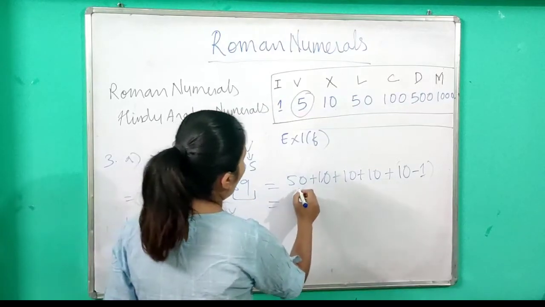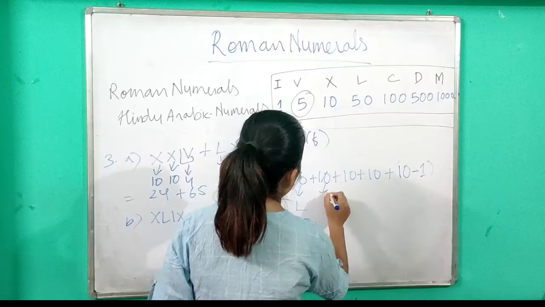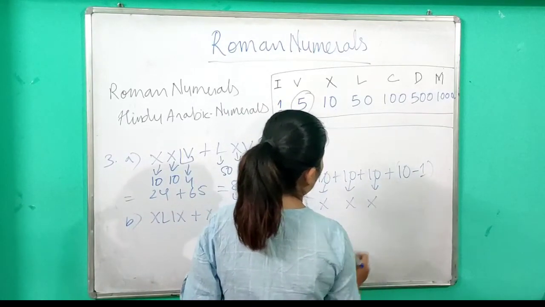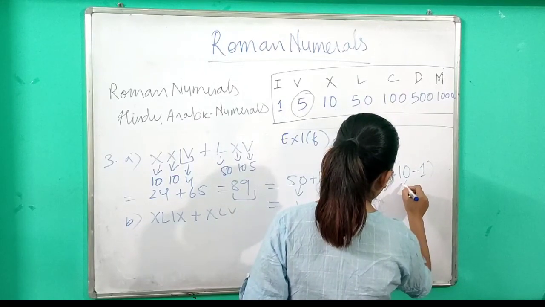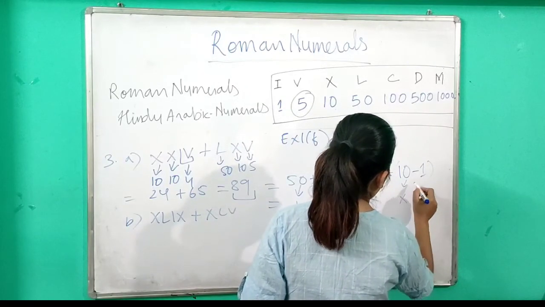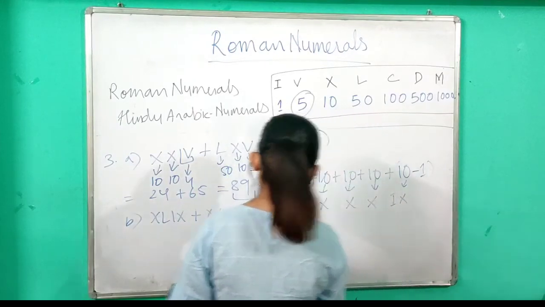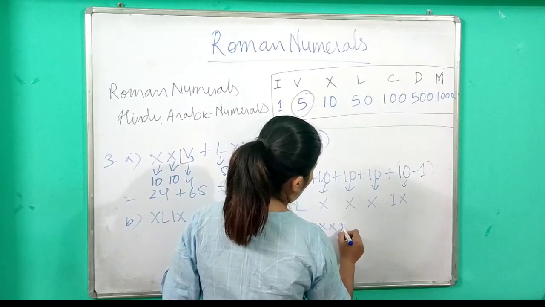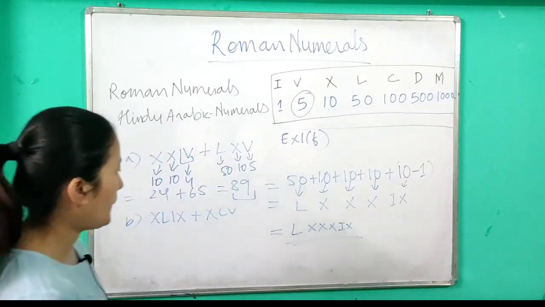So 50 is your L, then X, X, X. Now if you want to write 9, if the I comes before X, then it would be subtracted. So your answer would be LXXXIX. So this would be your answer.